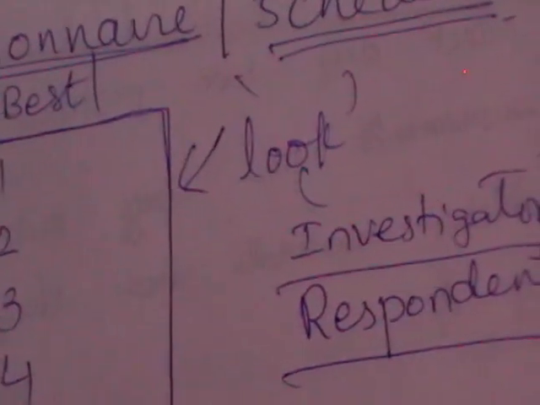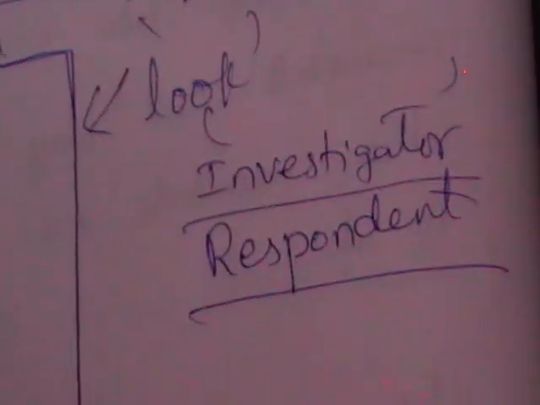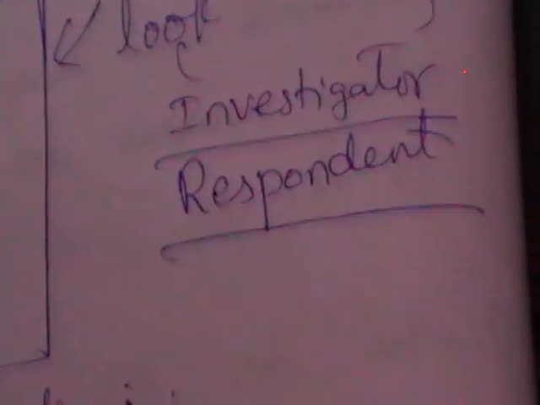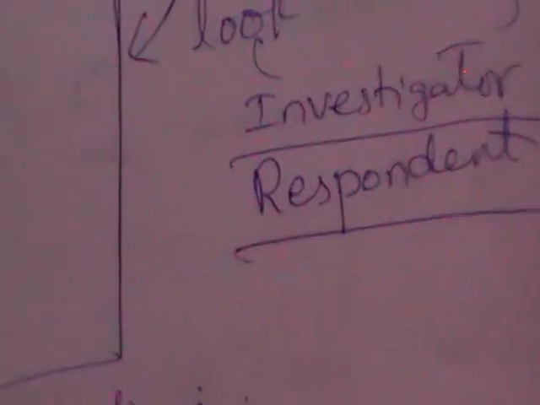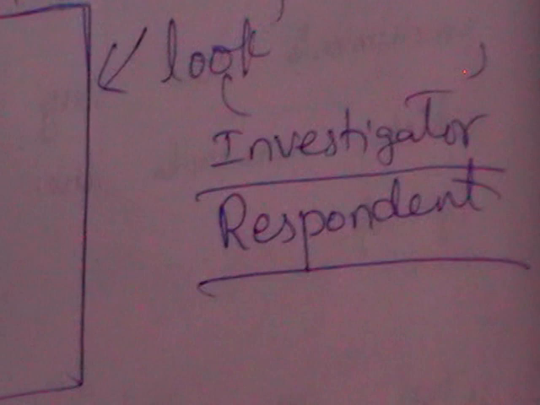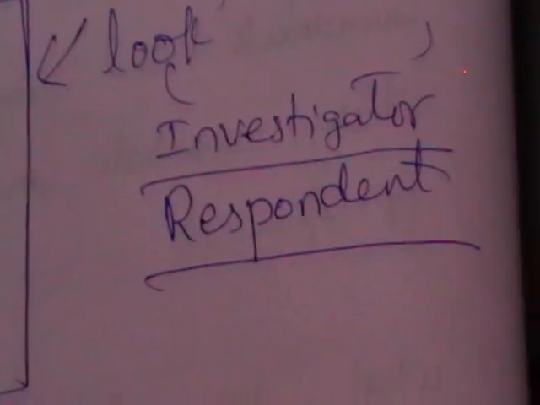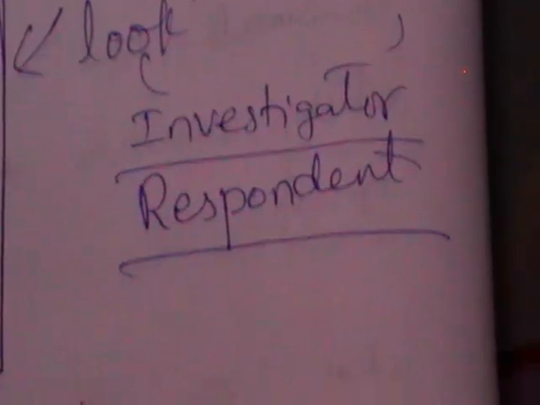When we go for mailing or postal, it is because the respondent is in a remote area. If the investigator is in Mumbai and needs data from some other corner of the country, he cannot move to each and every respondent.